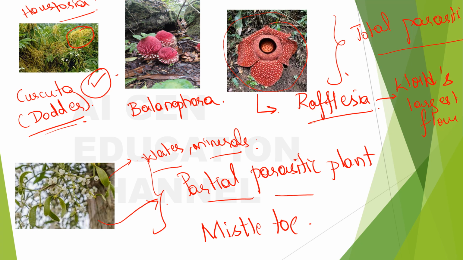Now the other type of plant that shows heterotrophic nutrition is insectivorous plants. Imagine a plant eating insects, right? How can a plant derive nutrition from insects? First of all, how will it move to attack the insects? Nature has many mechanisms.